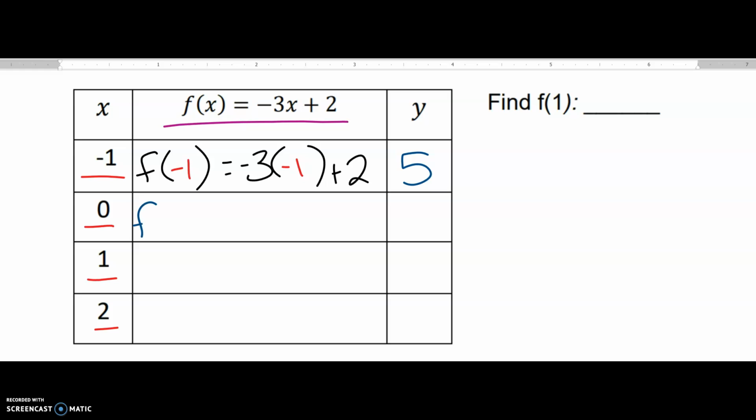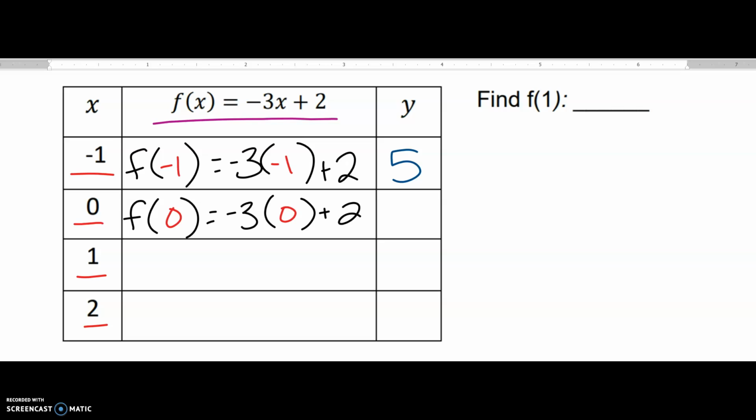So when we go to our input of 0, we're going to plug in 0 for our x value. So we come up with the function of 0, f of 0, equals -3 times 0 plus 2. When we do -3 times 0, we get 0, and 0 plus 2 gives us 2 for our y value, for our output.